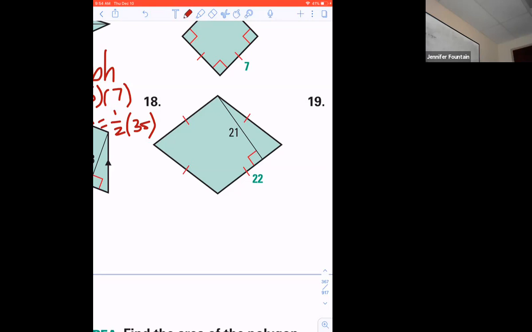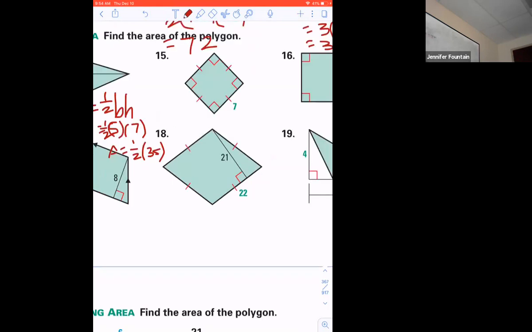What did we learn our formula for a rhombus is? A equals half of D1 times D2. Do I have any diagonals drawn on here? No, so I don't know my diagonal measures. If I have a rhombus with no diagonals, I'm going to treat it as a parallelogram and use base times height.